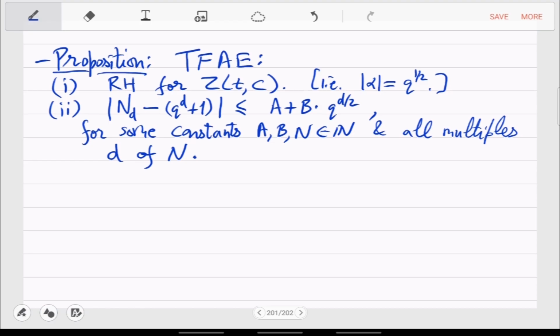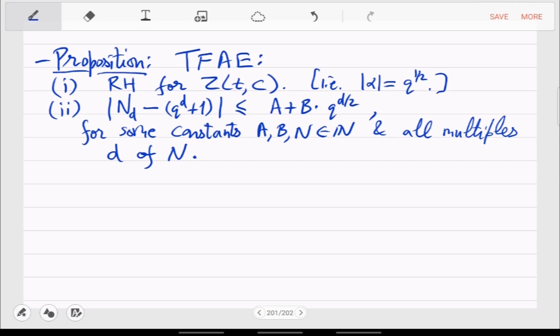So say n is 10. So as long as you can prove this for, let's say, multiples of 10, d is multiples of 10, that also is enough. Okay, so you can jump over the d's. You don't need to show this for all d, but as long as you show it for a constant fraction of d's, that will also imply the Riemann hypothesis.